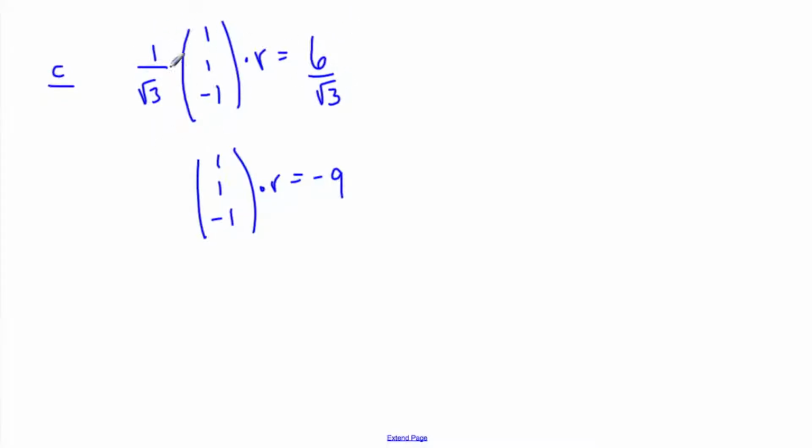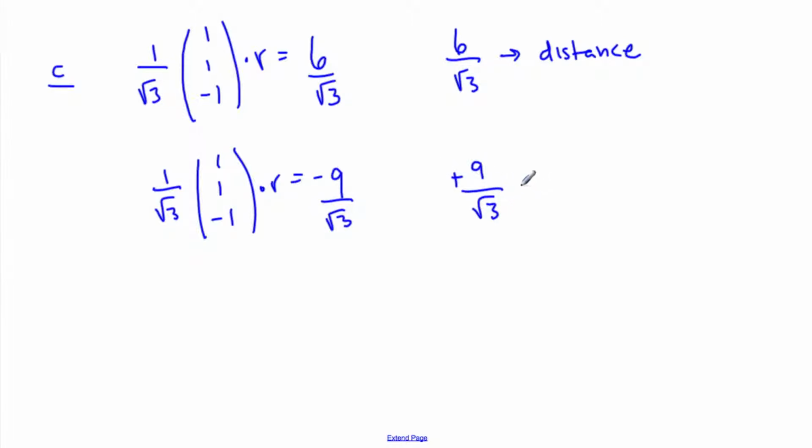So now this is a unit vector, and this represents the distance to the plane. So that's 6 over √3 equals the distance. Same thing here, same normal vector, so that's 1 over √3, divide √3. So then we have the distance will be positive 9 over √3.